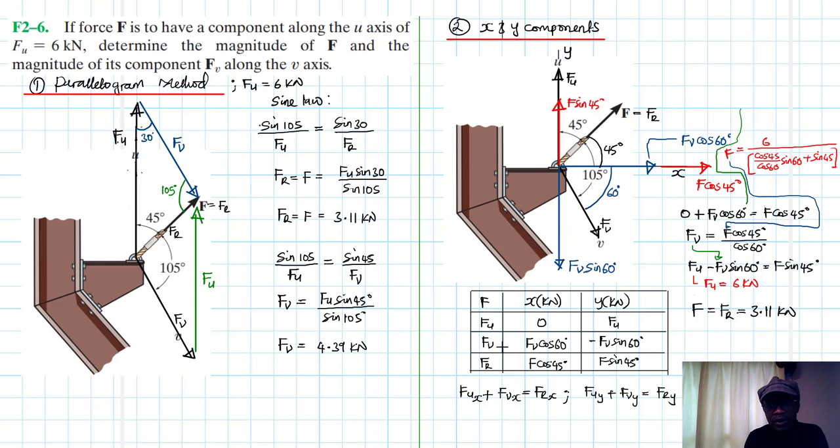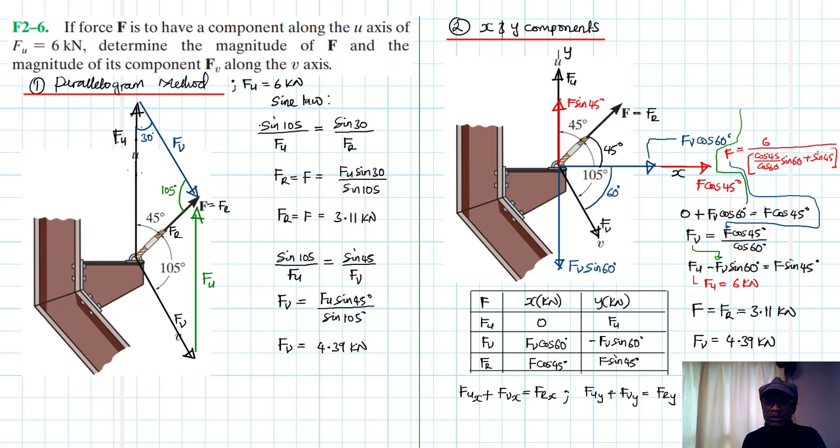Once we plug it in there, we'll say times cos 45 divided by cos 60. Alright, then we'll find that our Fv is just equal to 4.39 kilonewtons.